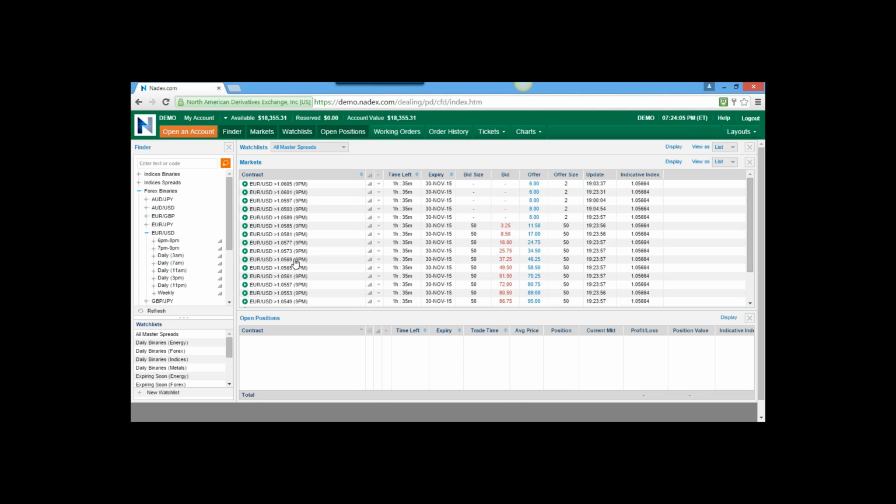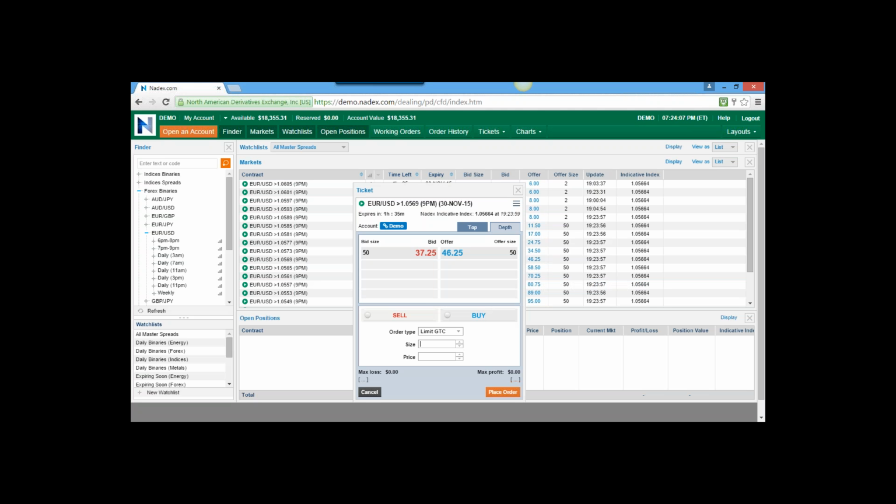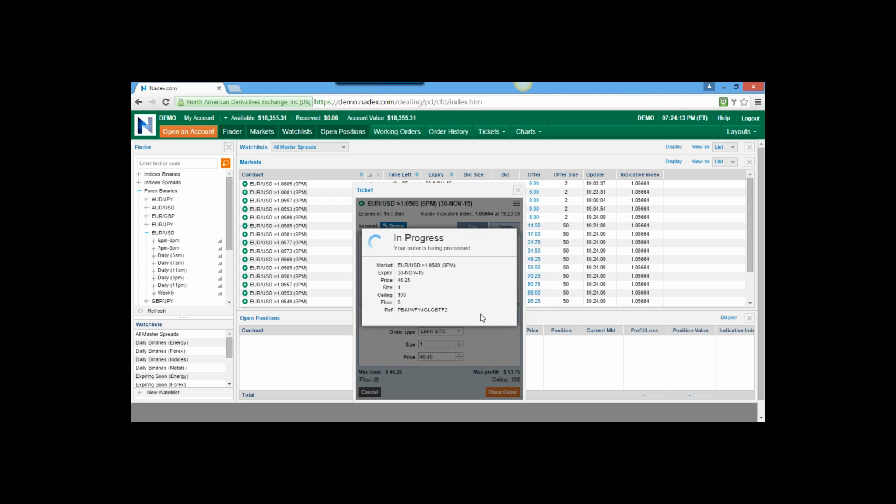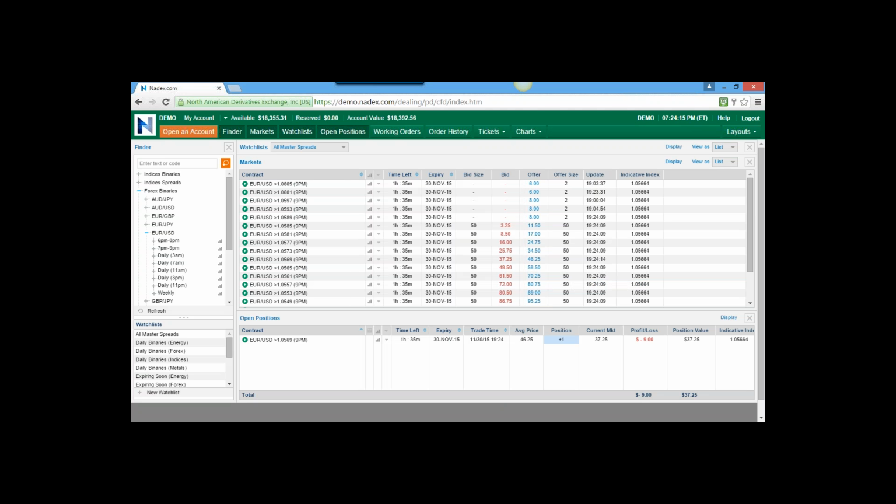What do I mean by that? Let's say I came in here and bought this binary for $46.25. Boom, I just bought it. Let's say the market starts going up, and if I hold it to expiration, it expires profitable, in the money. I bought it for $46.25, and it'll be worth 100 at expiration.